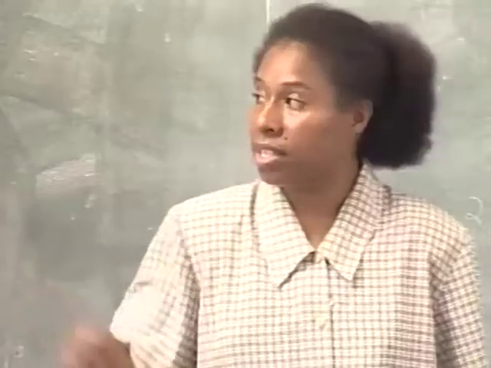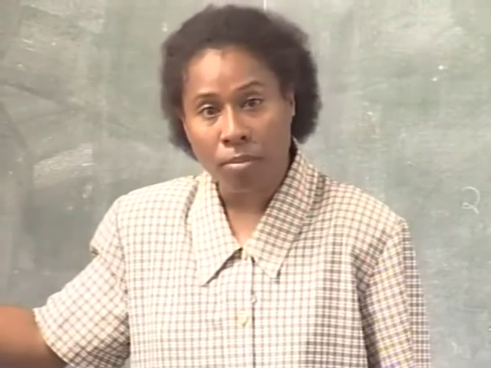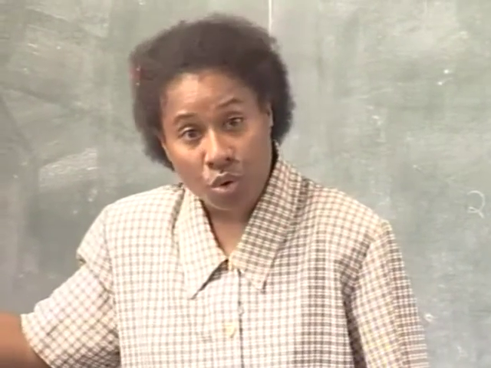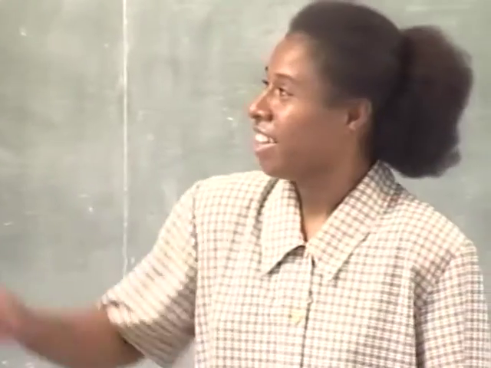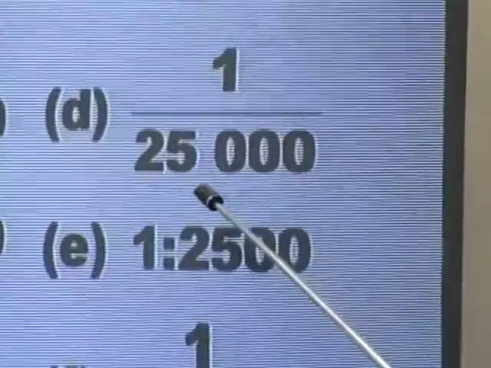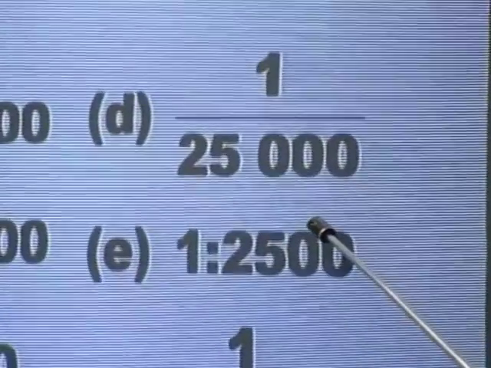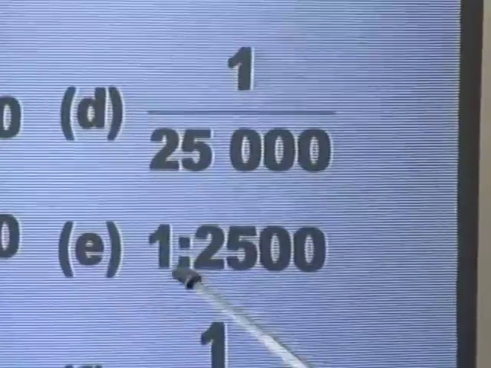Let's move on. C. 1 is to 50,000. In statement form, 1 is to 50,000. Full stop. The next one, 1 over 25,000.